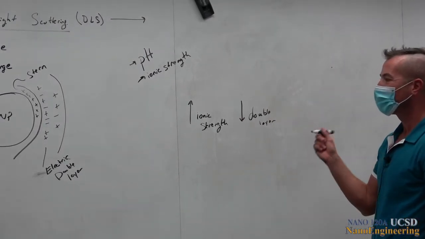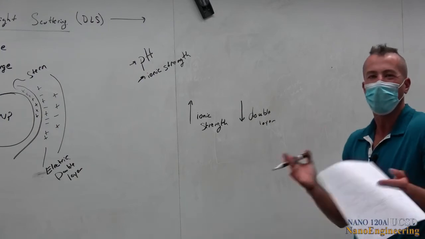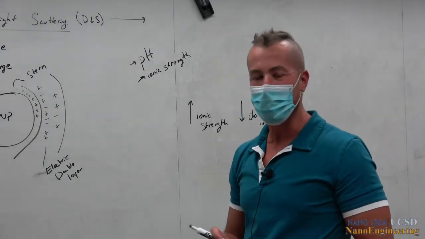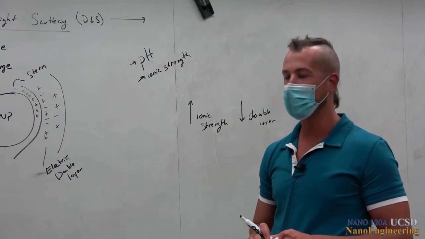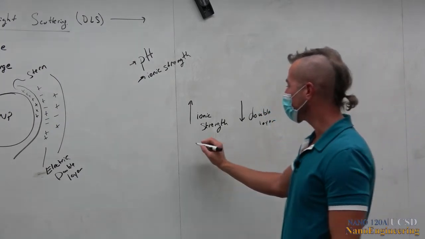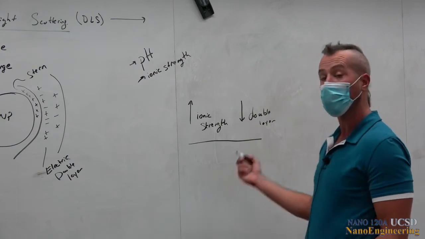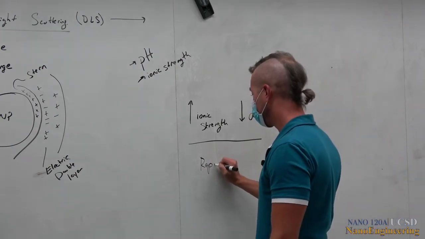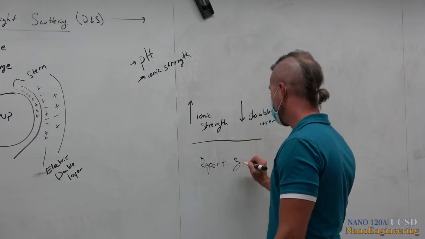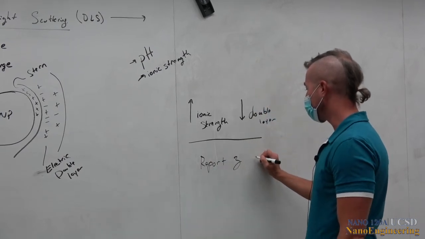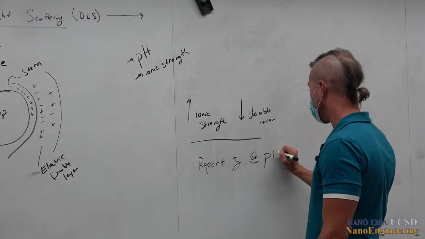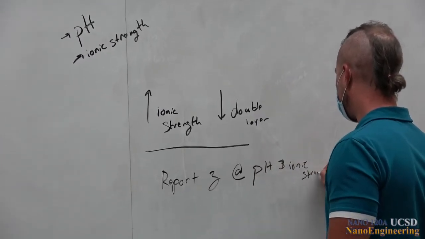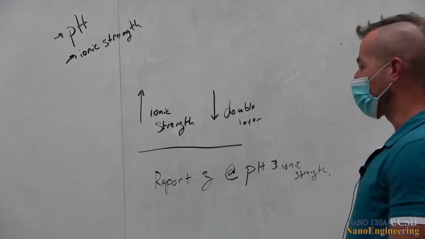Okay, so really, what is the right answer? The reality is there isn't one, right? So what you have to do is when you report a zeta potential value, you have to report it at a given pH and ionic strength, right?